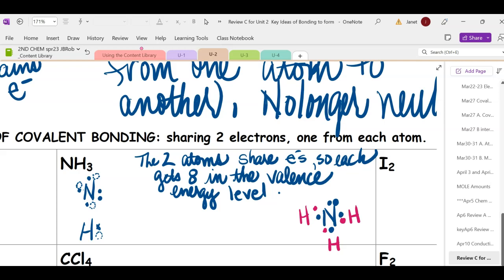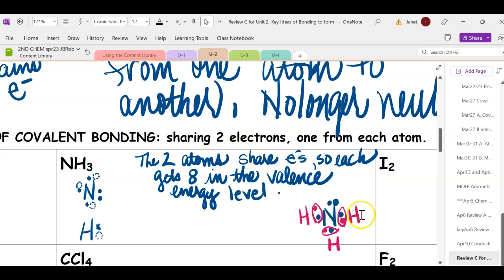So now each hydrogen thinks it has 2, and this nitrogen has 2, 4, 6, 8 electrons.